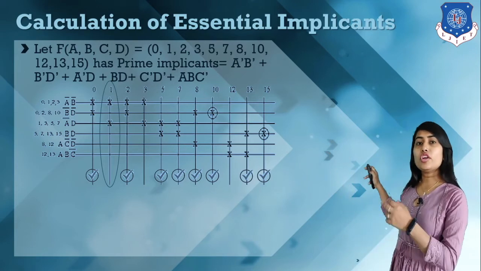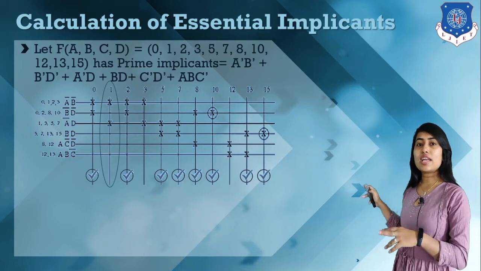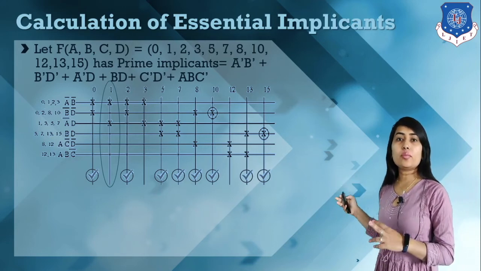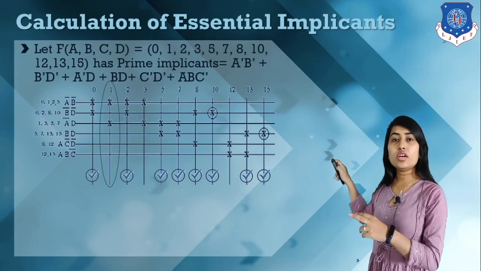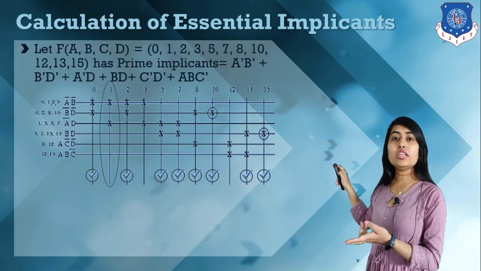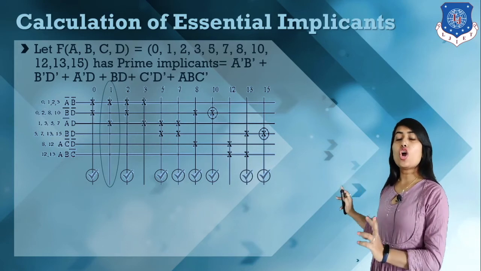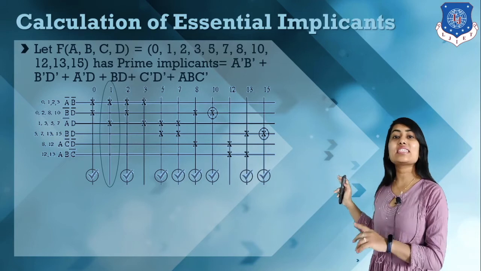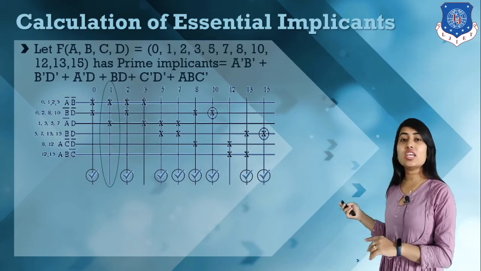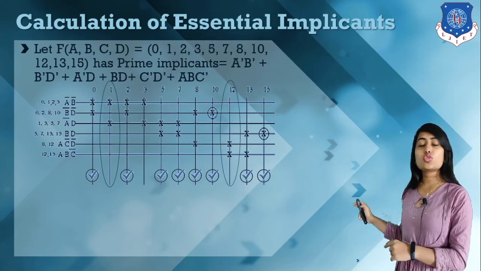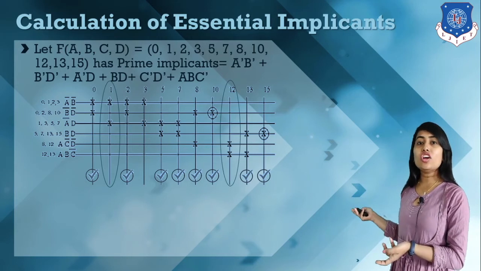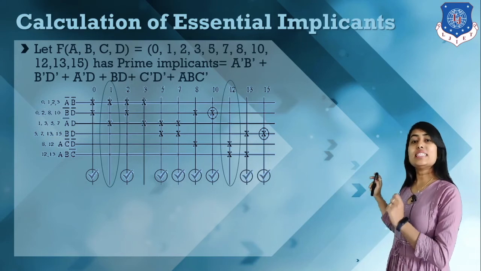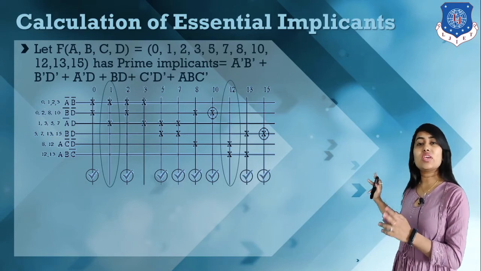To cover 1 we can consider either a dash b dash or a dash d. And to cover 12 we can consider either a c dash d dash or a b c dash. By considering any of these terms we can cover 12.